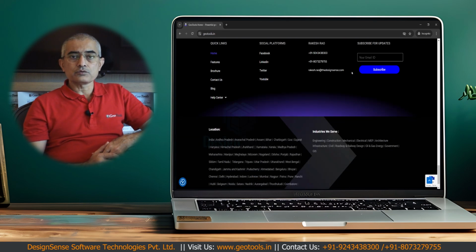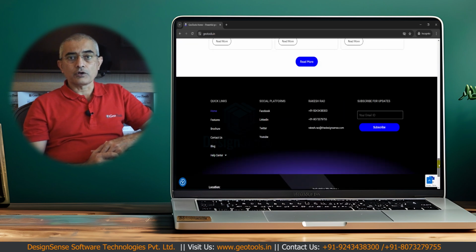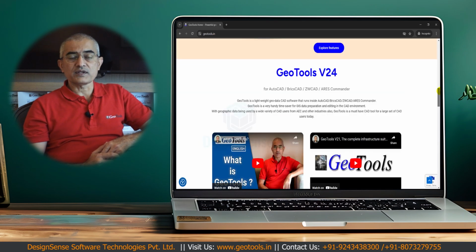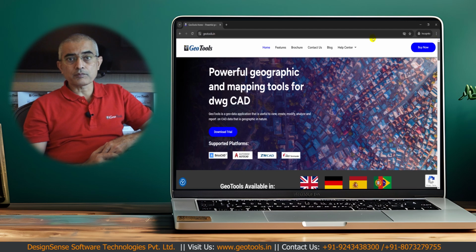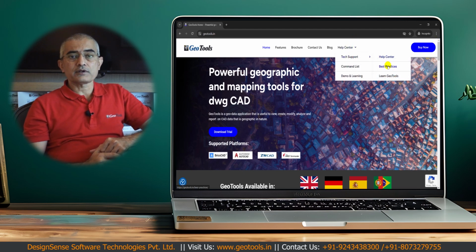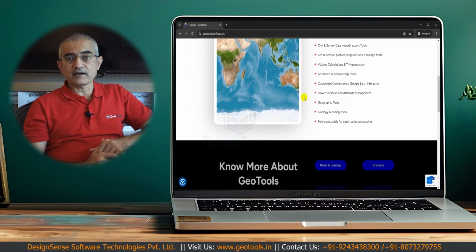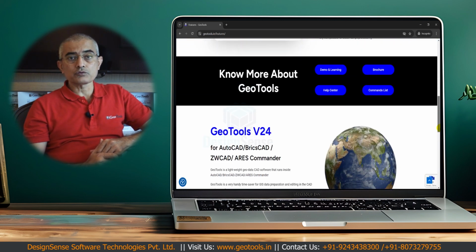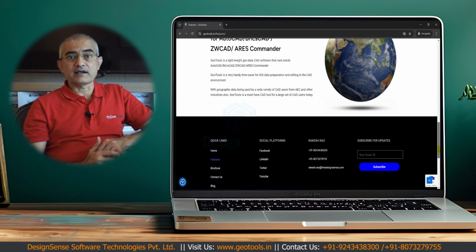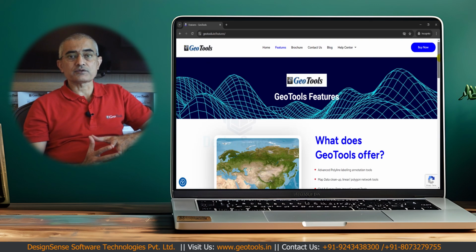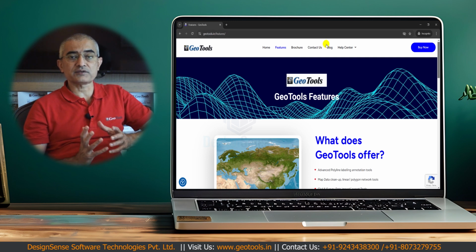So in addition to the product info, the product brochure and other things, you also have different sections now which explain the support policies, the support incidents and a lot of other information about GeoTools. So for example, we interact with hundreds of GeoTools users across the world and we get a lot of support information, a lot of Q&A, we solve a lot of queries from customers and we gain a lot of experience from that.